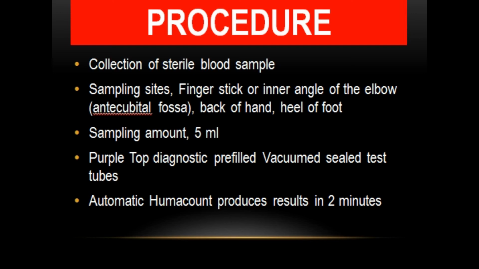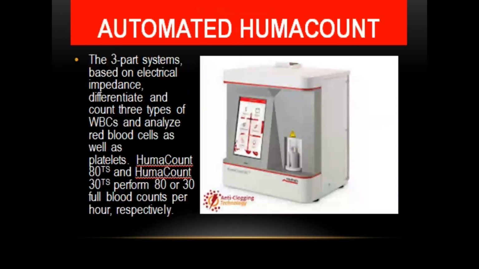Either we will go for the normal manual procedure, or we will go for the automatic Huma count procedure, which produces the results in 2 minutes. Ideally, this is the automated Huma count in pathological labs. It has several types of modifications available.